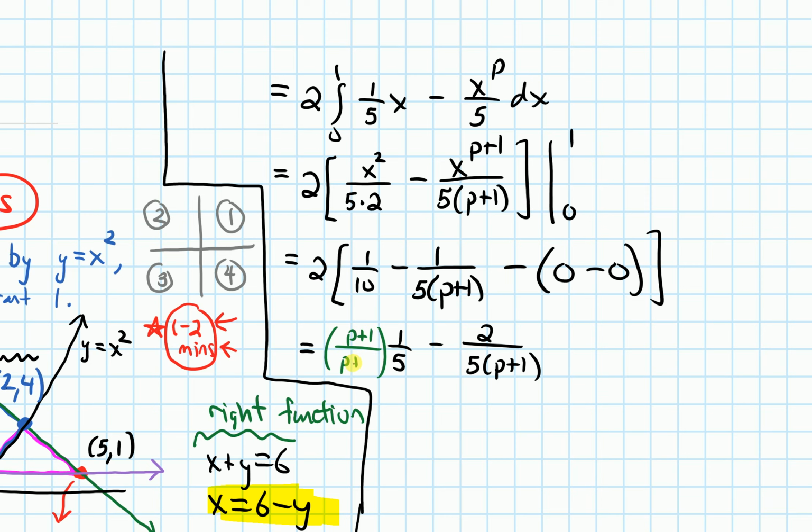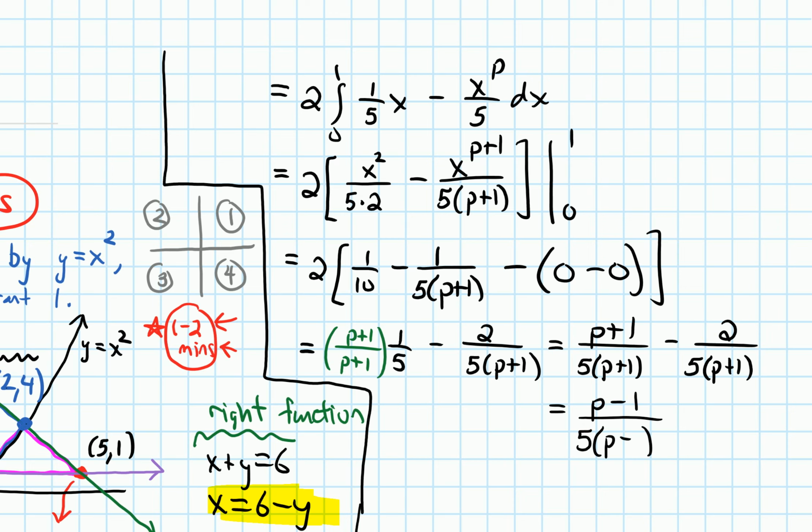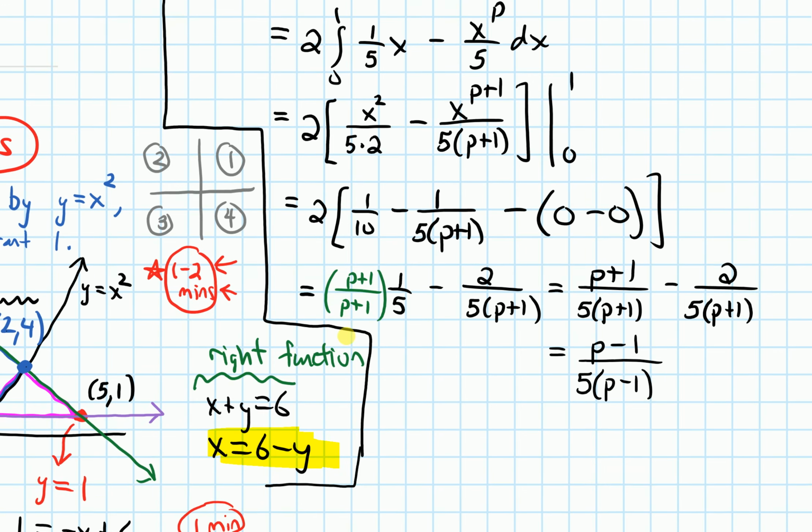The first fraction becomes p plus 1 over 5 times p plus 1. The second fraction is minus 2 over 5 times p plus 1. Subtracting these, we get p plus 1 minus 2, that's p minus 1, over 5 times p plus 1. And that's my Gini index for the Lorenz curve f of x.